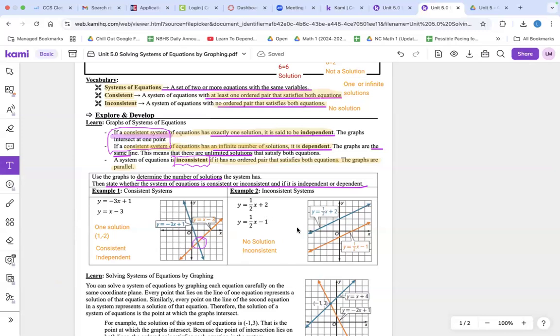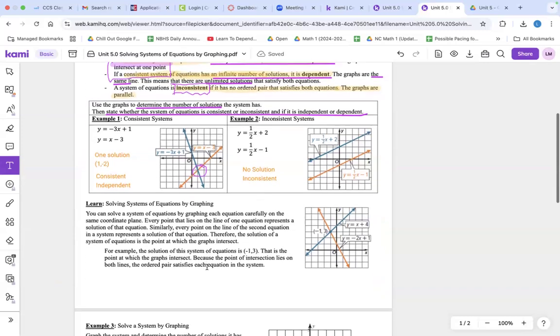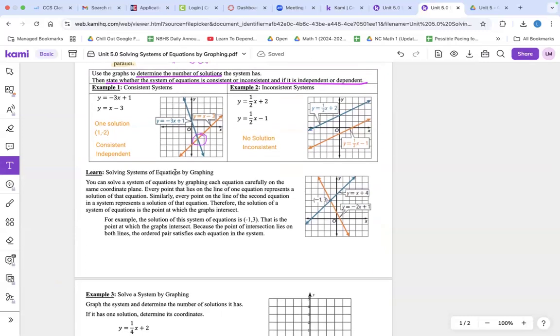All right. So those were our two lines, the y equals 1/2 x plus 2, blue line, and the y equals 1/2 x minus 1, the orange line. All right, as we continue moving here, it says we're going to learn solving systems of equations again by graphing. You can solve a system by graphing each equation carefully on the same coordinate plane. Every point that lies on the line of one equation represents a solution of that equation.